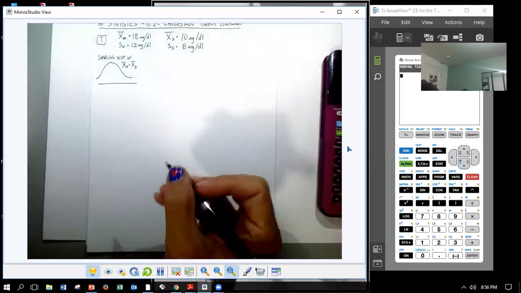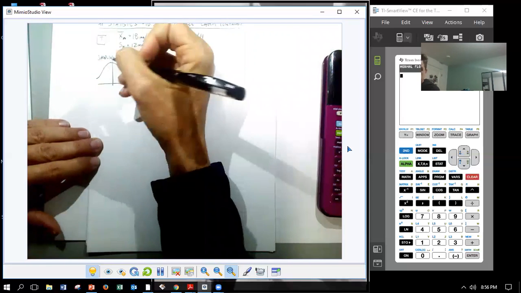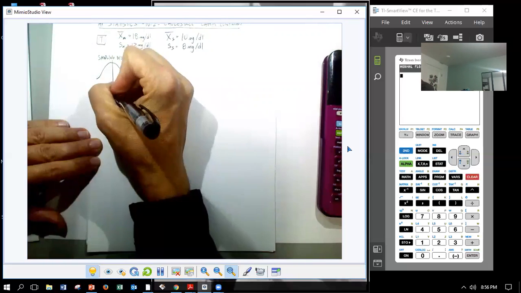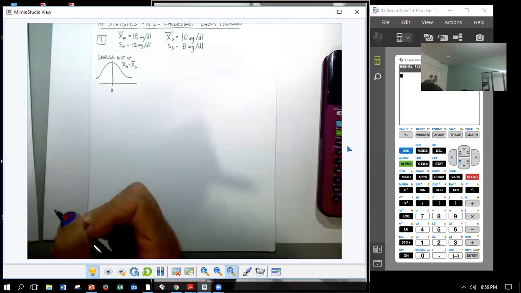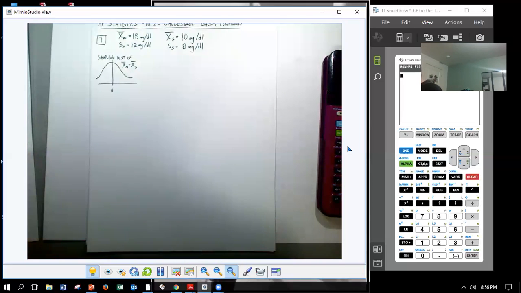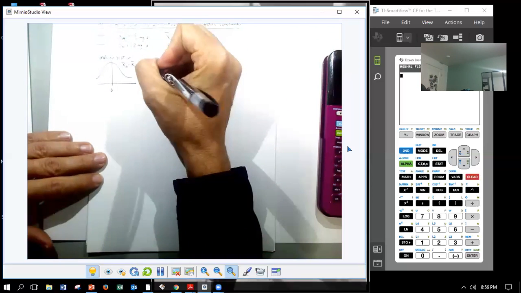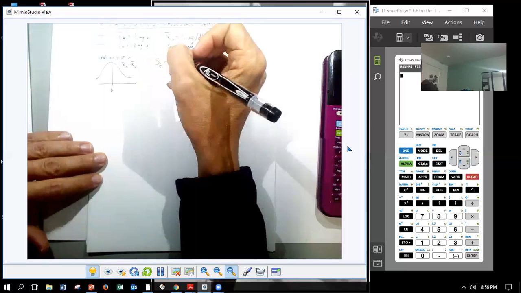So we know that this is always going to be centered on our claim, which is 0. And then this is a t distribution, so we've got to figure out some certain things. I've got to figure out what the degrees of freedom are, and what our standard error is going to be. So let's do the standard error first.